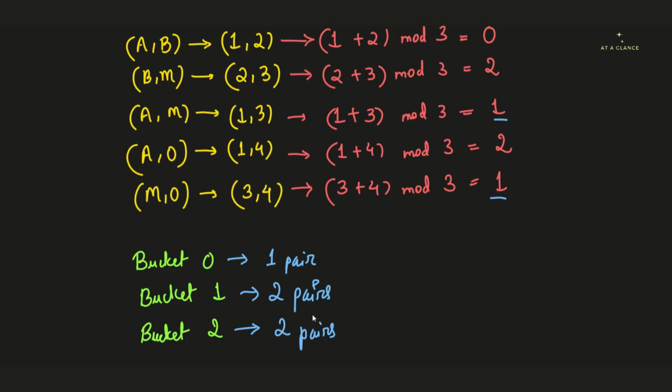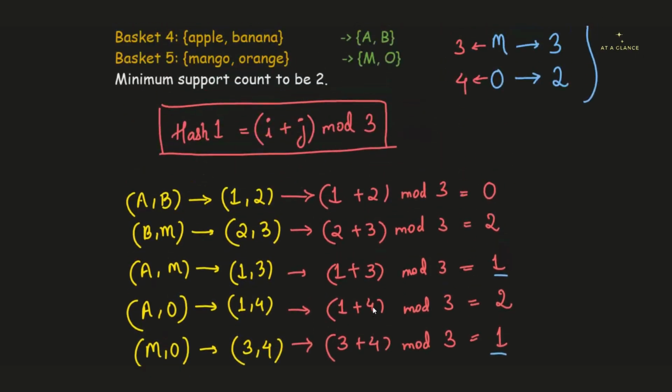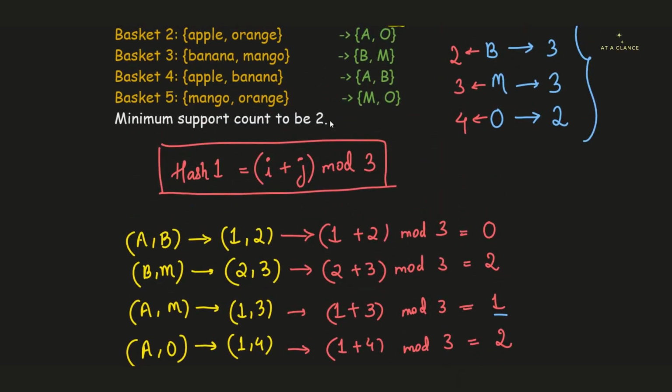Now, by looking at this set of buckets, you can see that a bucket is said to be frequent only if it contains the minimum support number of pairs inside it. That means in our case, if a particular bucket has at least two pairs inside it, then only that bucket will be called a frequent bucket because our support count is 2.